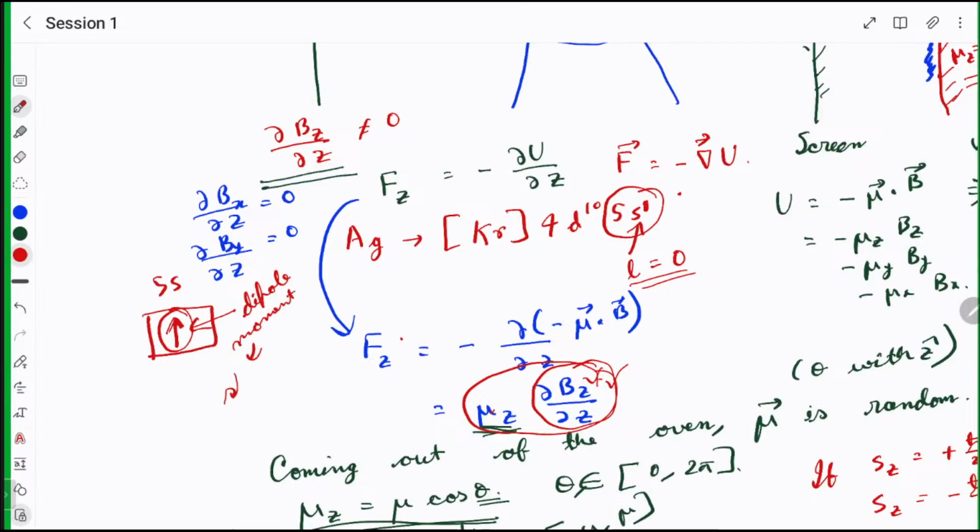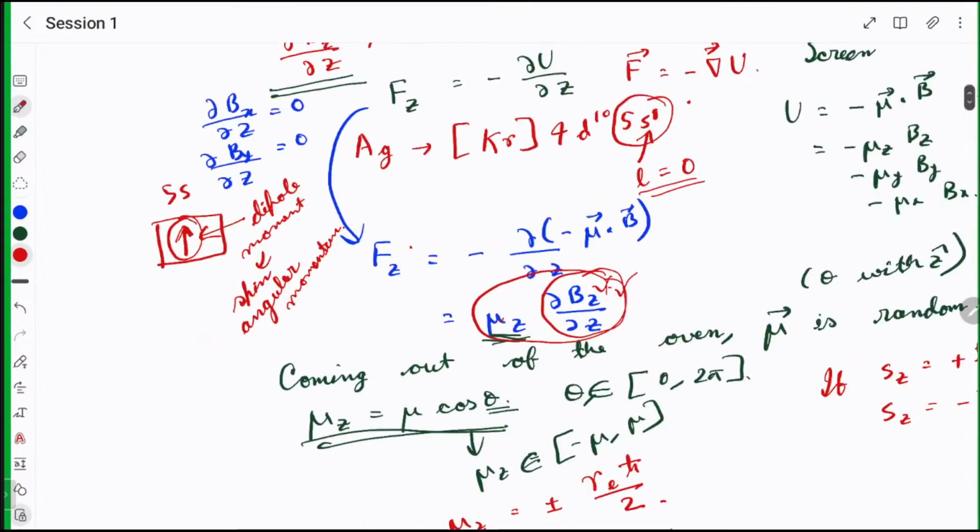So it won't be a monopole, as the orbital angular momentum is 0, but the spin angular momentum is not 0, right? So it will have a dipole moment.